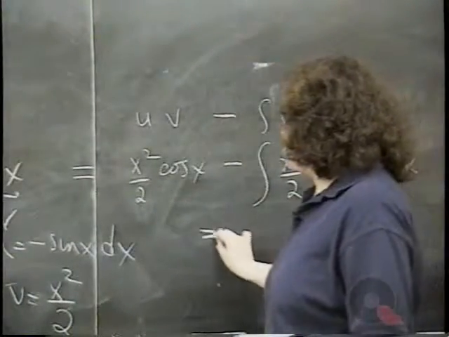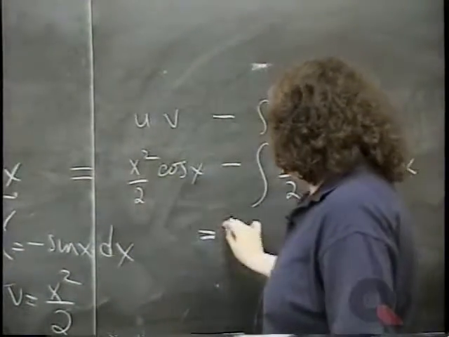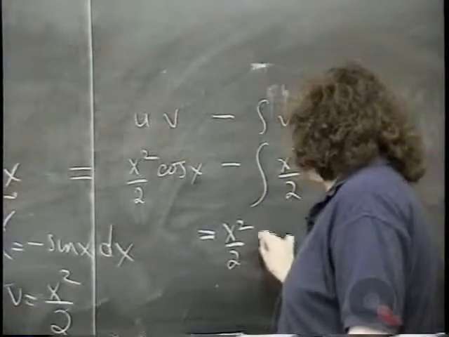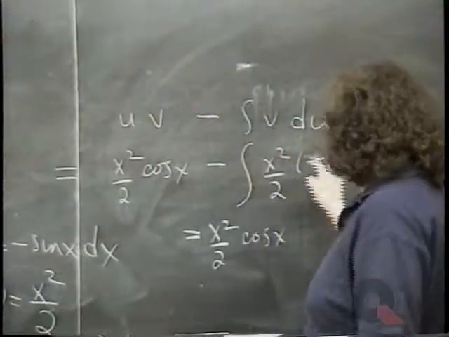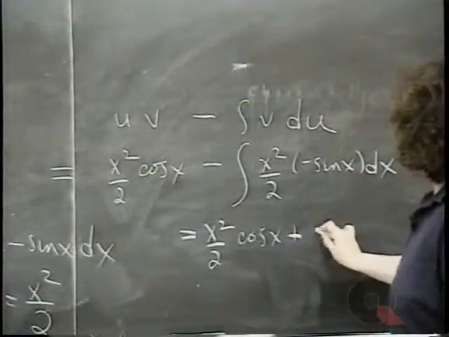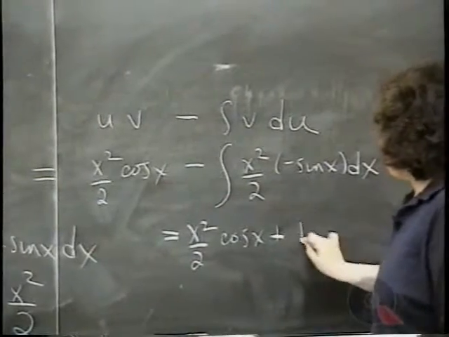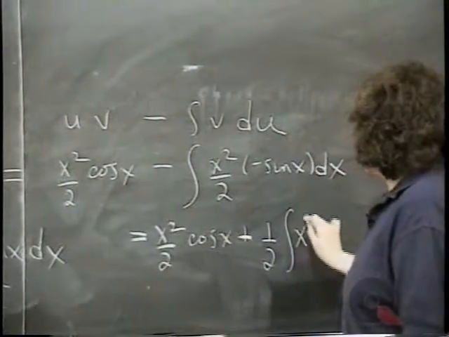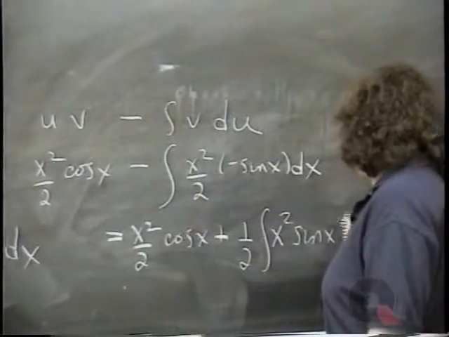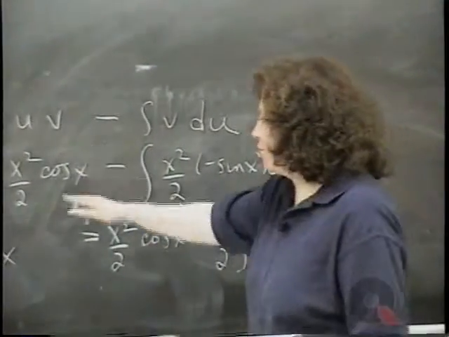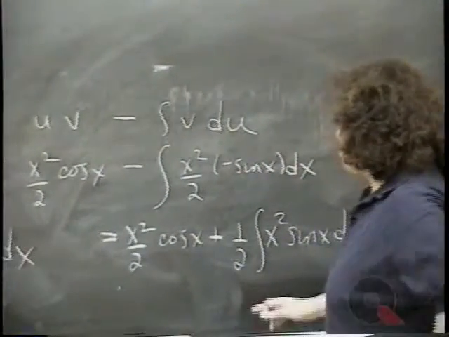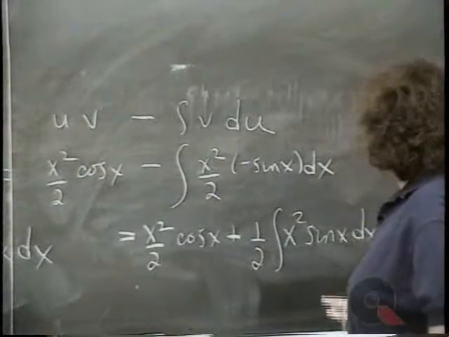So in other words, this is coming to x squared over 2 cos x minus a minus, plus. You could take out the 1/2: x squared over 2 cos x plus 1/2 the integral of x squared sine x dx.